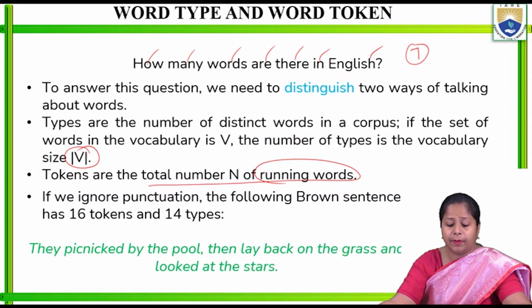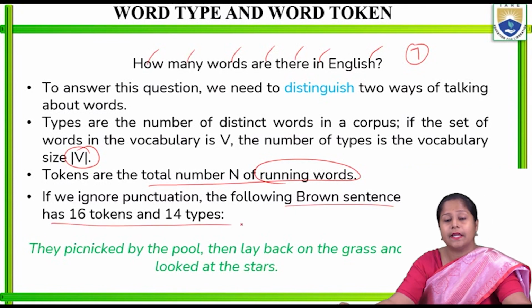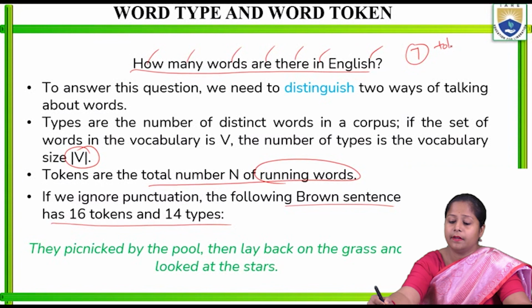If we ignore the punctuation, the following Brown sentence has 16 tokens and 14 types. Let's consider this sentence: there are 7 tokens here, and I have not counted the exclamation mark.